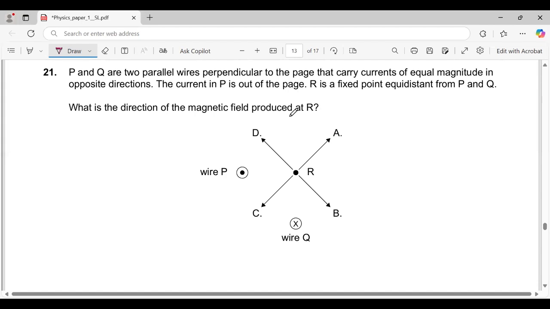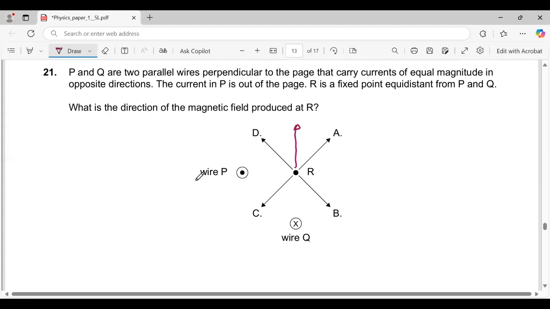So we have to use the principle of the right-hand rule. On wire P first, because of the right-hand rule, the magnetic field direction will be to the left of R, so it will be to there.